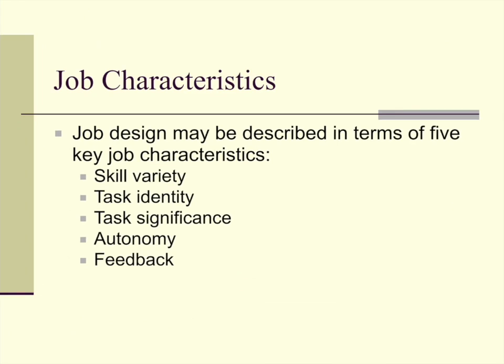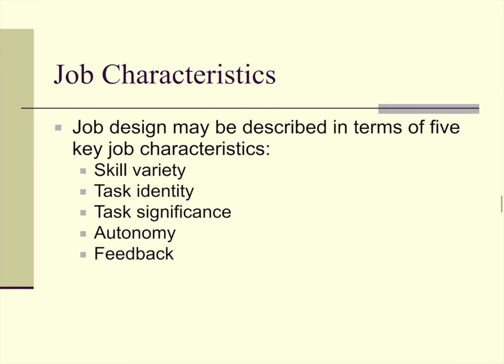In job characteristics, job design may be described in terms of five key job characteristics. That is talking about design, because we're talking about operating management design, or operating management planning. What are the five key job characteristics?